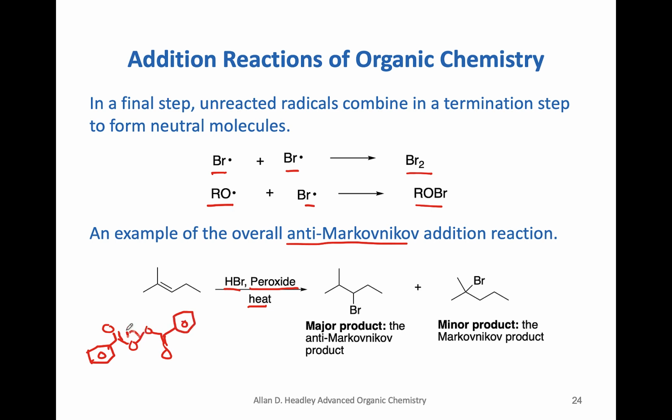This one where this breaks and that breaks to give the benzoyl radicals. That requires just a little bit of heat, not too high a temperature, to break this bond right here, to give the radical here, which looks like that, which you've seen before when we looked at radical intermediates.